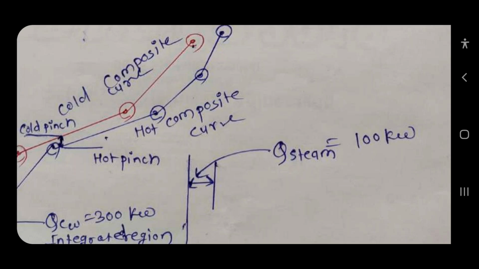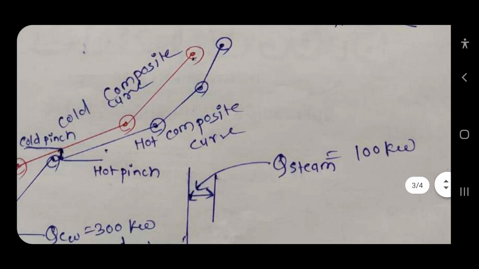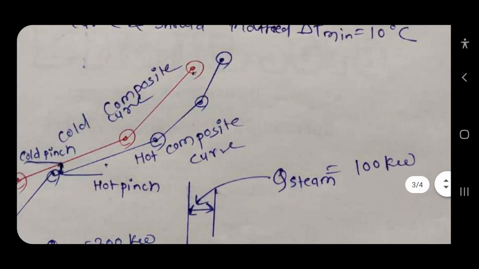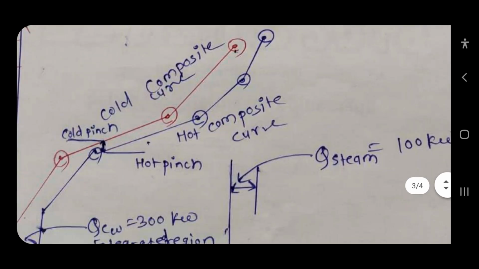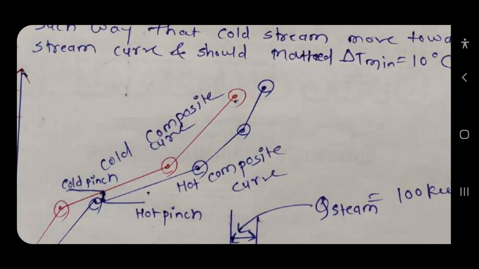A heater is nothing but a heat exchanger, but providing how much heat? Only 100 kilowatt. You can use many heaters, but keeping the heat duty at 100 kilowatt. So that is nothing but providing the hot utility externally, providing the heater externally. The external heater you have to provide in the process flow diagram.